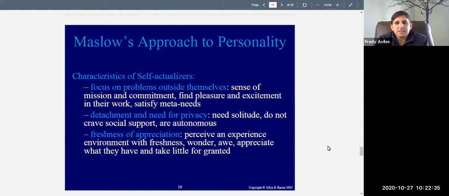Their thinking is not necessarily driven by their culture, by the way they grew up. You can grow up in a culture that's very sexist, very racist, okay? Very bad, okay? Very elitist. But that doesn't mean you have to think that way. And these people who have self-actualized, they think for themselves.